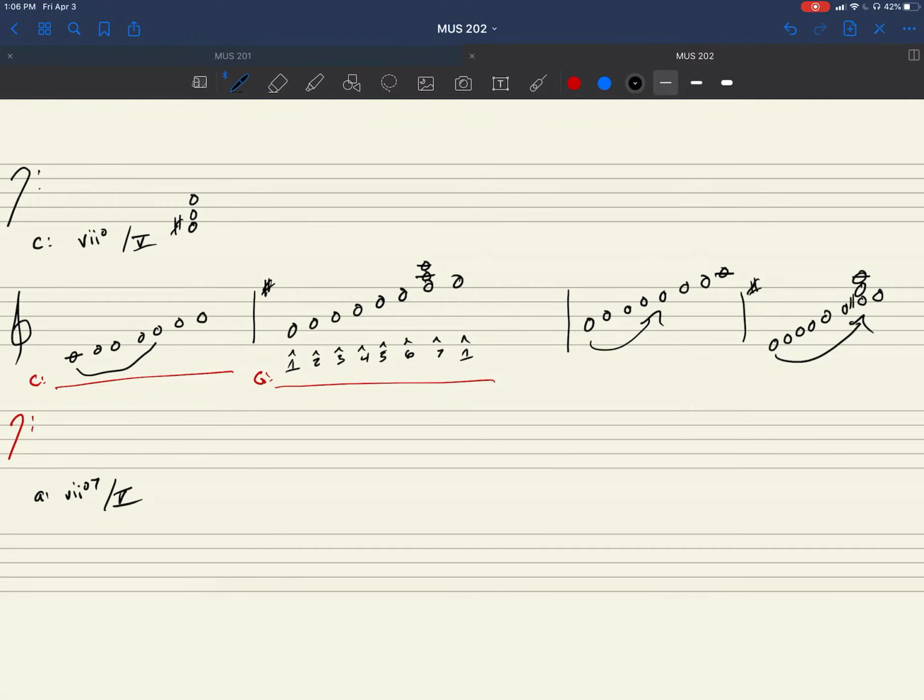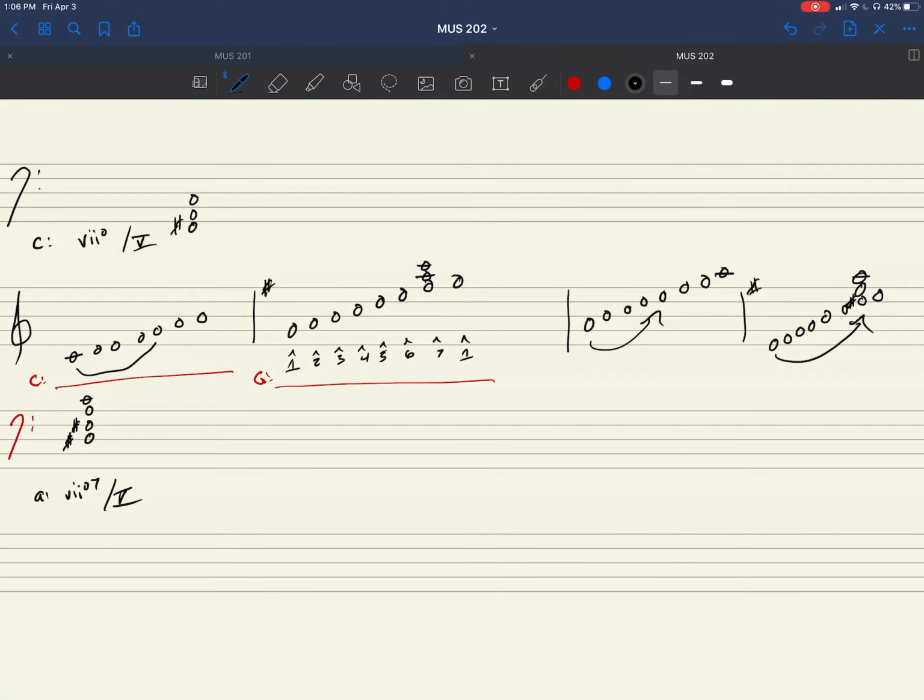So we have to raise this to make it a D sharp. You're not going to use the natural minor scale to create your leading tone chord in 7. So we need to have that D sharp there. So then all I do is I just write my chord out. So I've got D sharp, there's an F sharp because of the key signature, I've got an A, and then I have a C. And that's all there is to it.